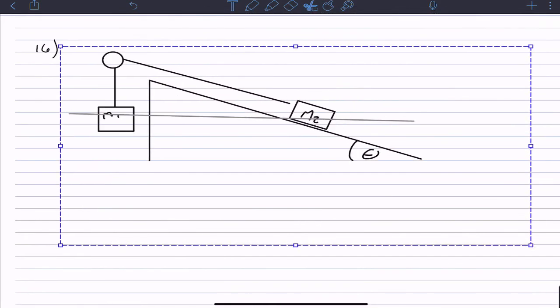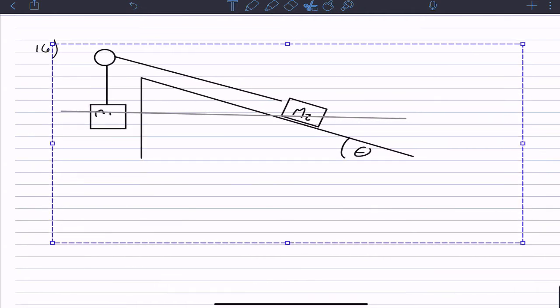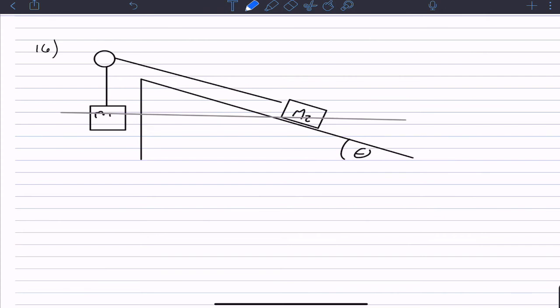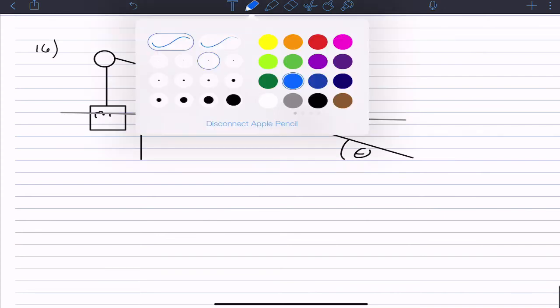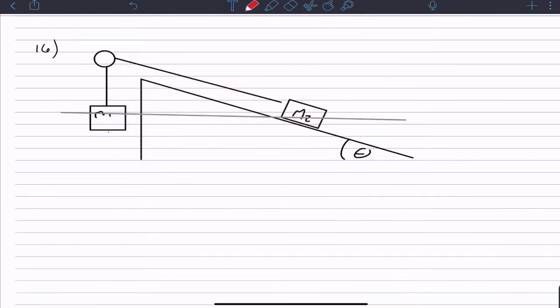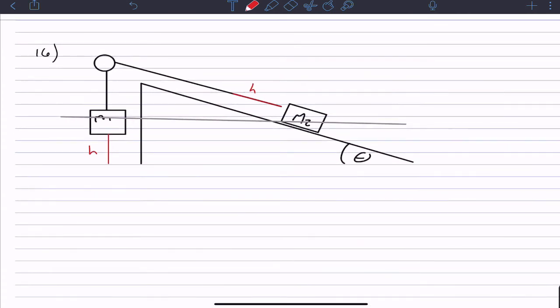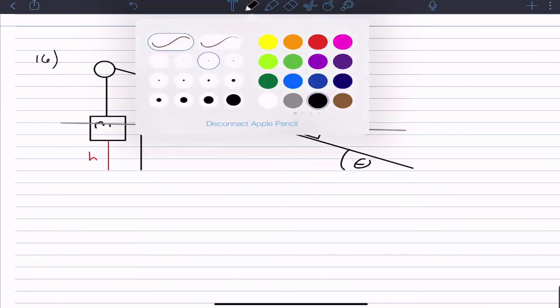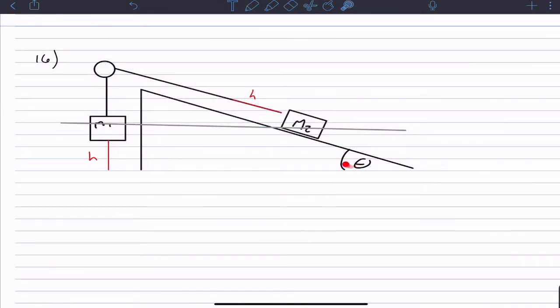Make it a little bigger so we can see, because it's going to get a little cramped. There we go. All right, so let's draw our distance of h. And then this distance of h is the same, just like I mentioned before. Now what this is telling me already is that we're going to have some triangle. Well, we do have a triangle because we're given an angle, and this is a ramp.